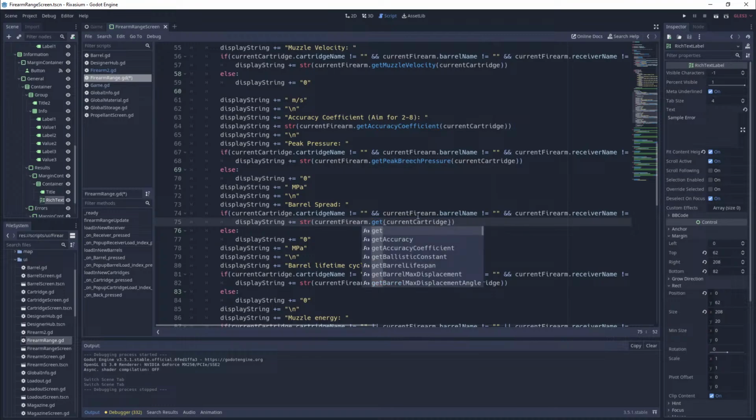So here, barrel, max displacement angle. So this is going to be an interesting one.